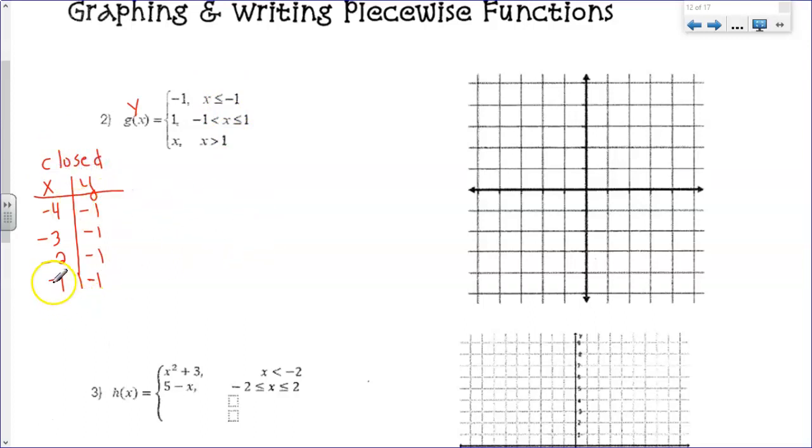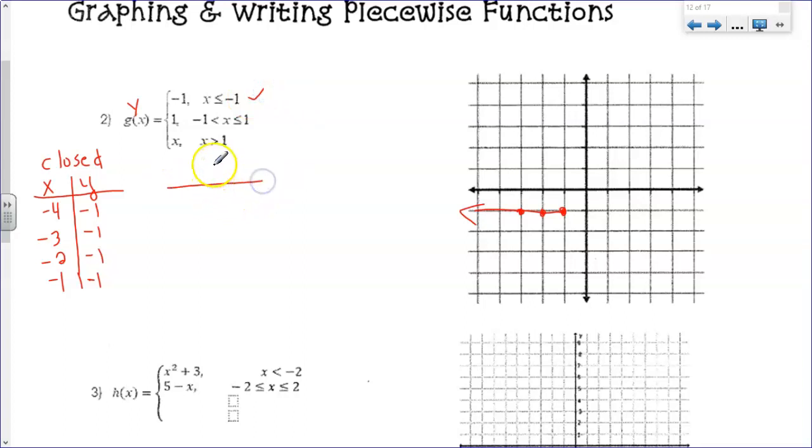So we're going to go over here: -1, -1; -2, -1; -3, -1. Now, anytime y equals -1, we should know it makes a horizontal line at -1, and then this is going to continue to go off to the left. Okay? So that's that first one done.